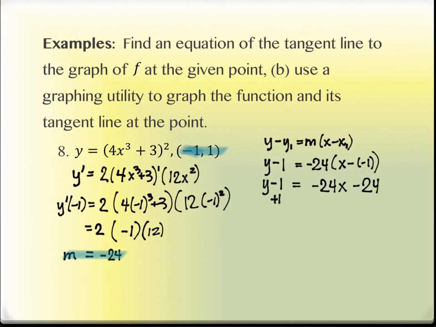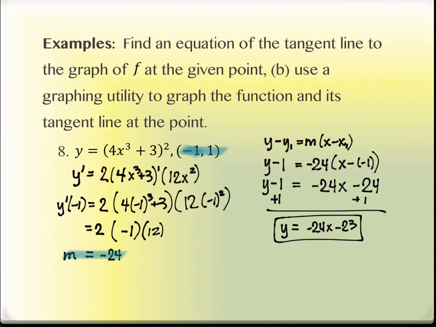And if I add my 1, my equation becomes y equals -24x minus 23. That's what I'm asked to find, the tangent line at the point -1, 1.